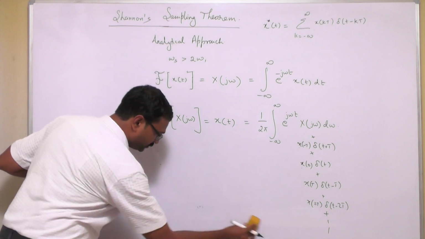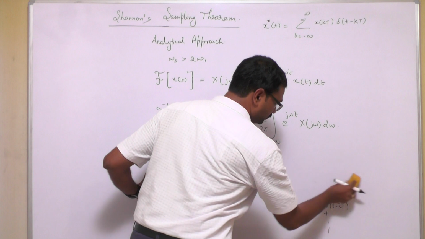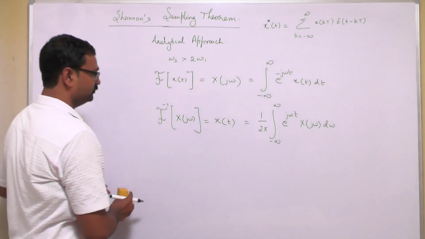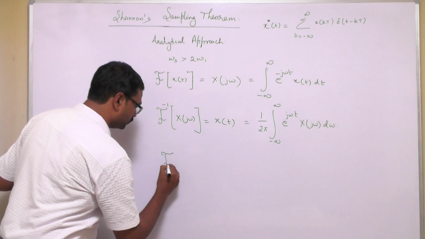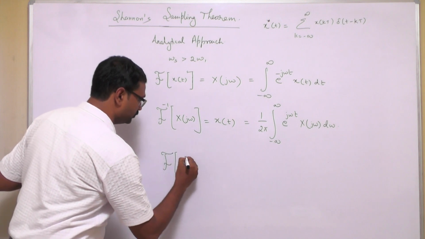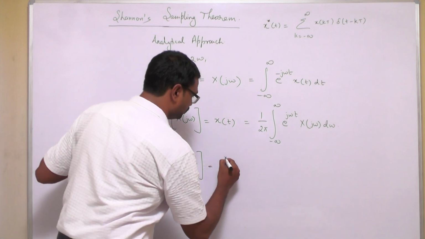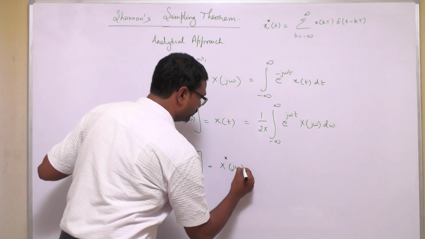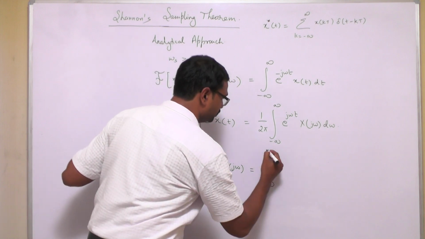Now when I am trying to find the Fourier transform of x star of t, what is this Fourier transform of x star of t? We have x star of j omega, which is nothing but equal to the integral from minus infinity to infinity.